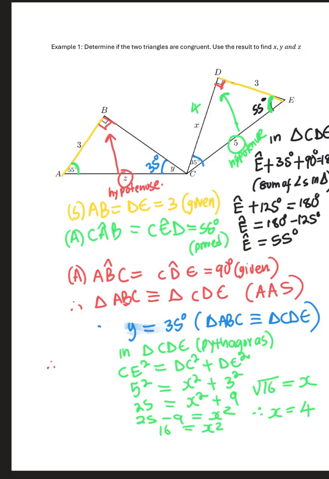Therefore, we can say that z is equal to 5. Reason: triangle ABC is congruent to triangle DCE. Because when triangles are congruent, it means everything about them is equal. So yeah, don't forget that.